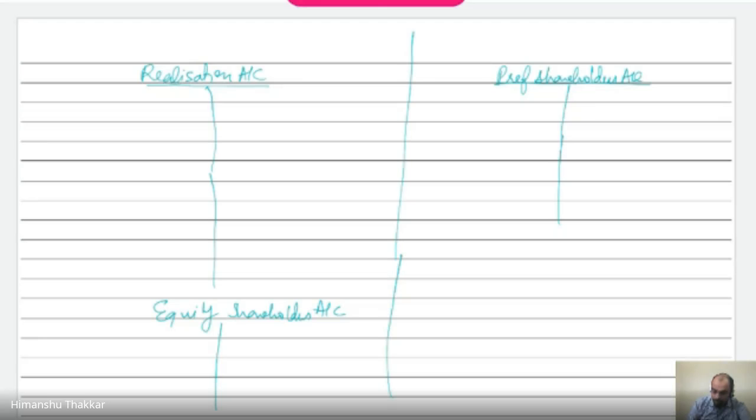Similarly, preference shareholders will get their preference capital of 5 lakh. Now the equity shareholders are going to get equity shares of Y Limited worth 7,50,000. We have done it in the previous working of purchase consideration.